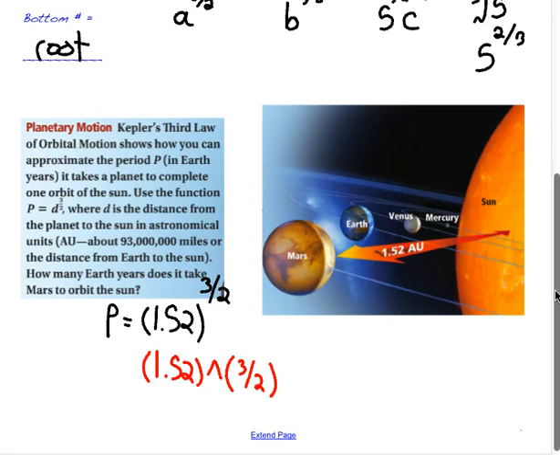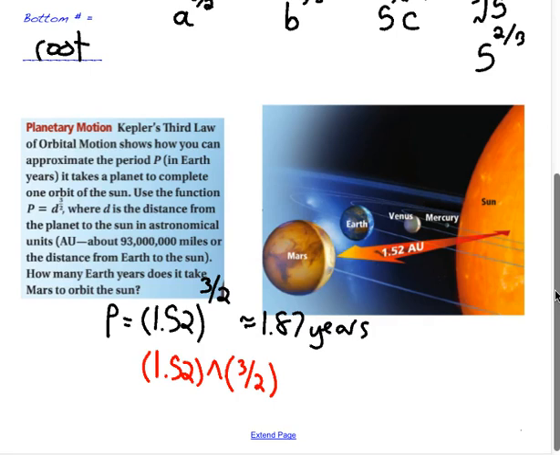That's kind of how you're going to have to type it in this instance because it's not a nice exponent. So 1.52 to the 3 halves. So it takes Mars about 1.87 Earth years to travel around the sun.